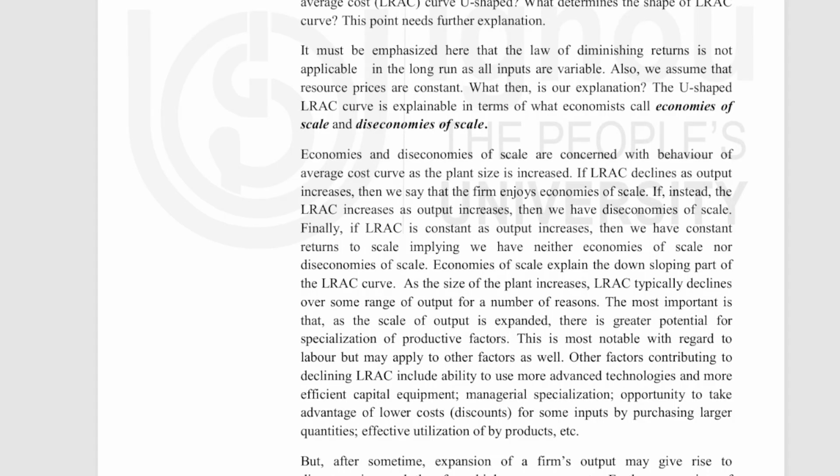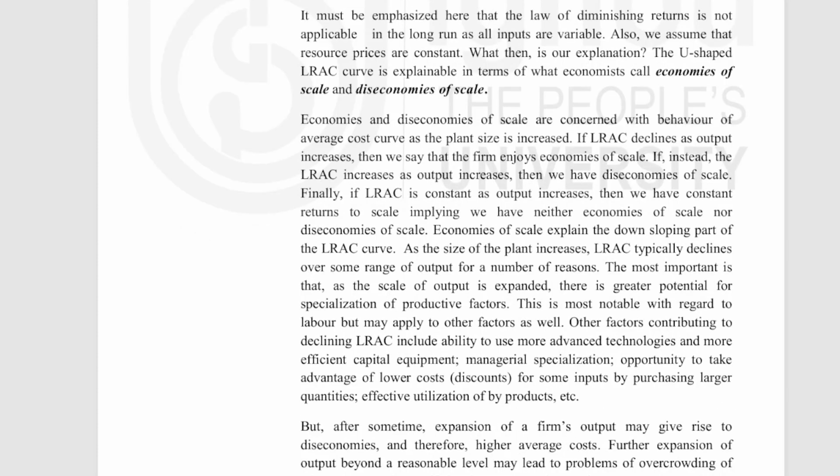It must be emphasized here that the law of diminishing returns is not applicable in the long run, as all inputs are variable. Also, we assume that the resource prices are constant. So, what then is our explanation? The U-shaped LRAC curve is explainable in terms of what economists call economies of scale and diseconomies of scale.